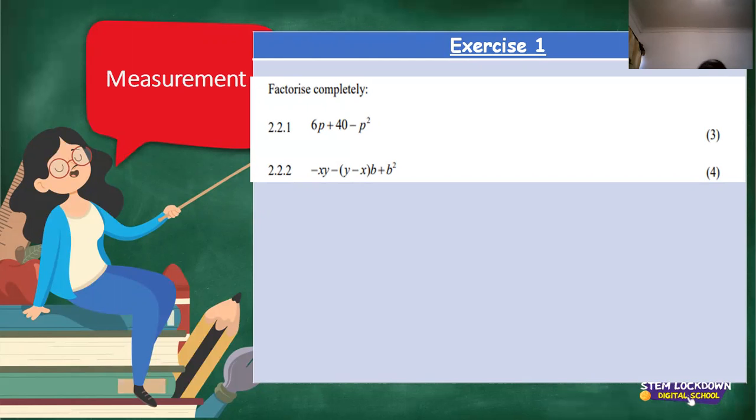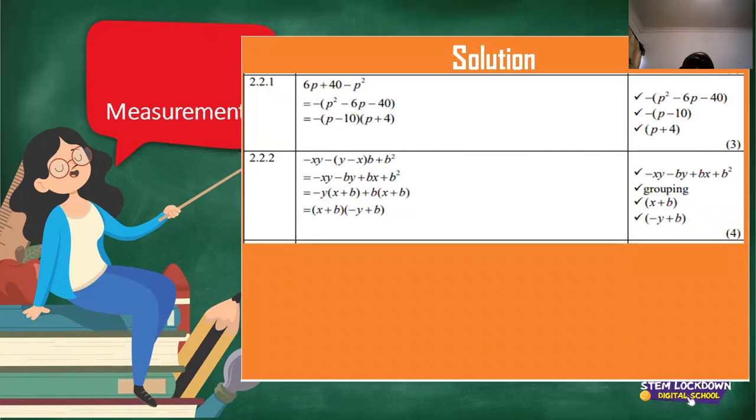The two numbers can only be -10 and +4. -10 times +4 gives us -40, and -10 plus +4 will give us -6. So these will be our factors, and with that we factorize our trinomial.